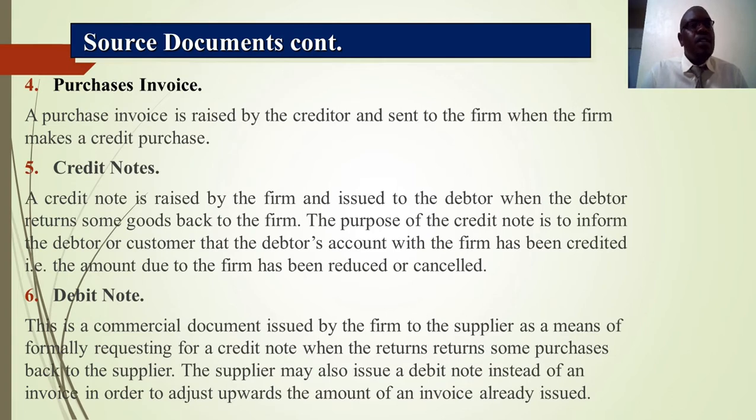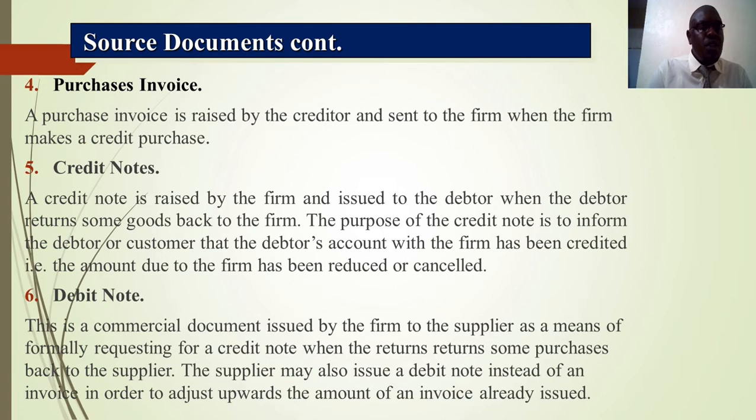When the supplier has realized the undercharge, he needs to correct it either by issuing an additional invoice or by issuing a document called a debit note. So a debit note can be used by the supplier to correct an undercharge instead of sending an additional invoice to us.